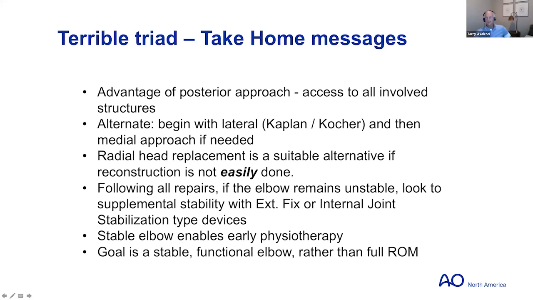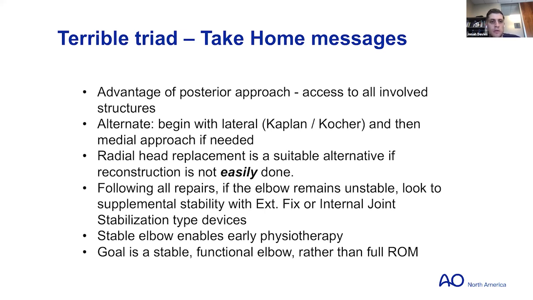Agreed. Jonah, anything to add? Yeah, no, I think the take home is bang on. One of the things I found that is sometimes a surprise to people is I never leave the OR with an elbow where I'm not sure of the stability. If I have a doubt that it's stable, it's going to dislocate.